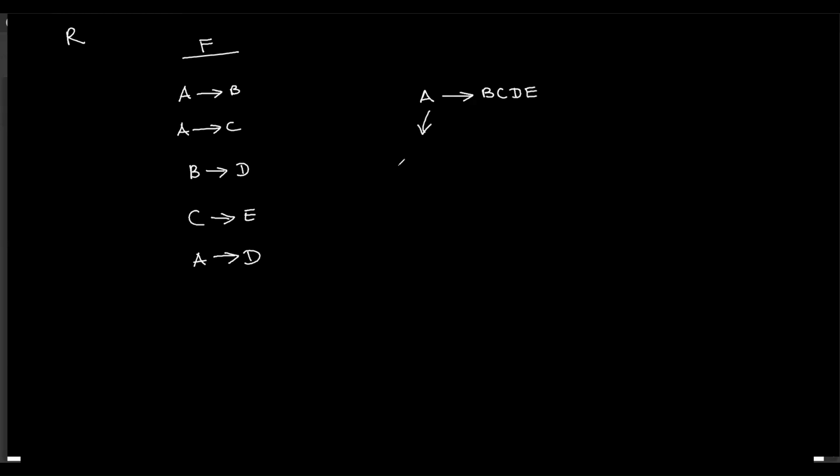That the set of attributes A can be used as a primary key. That's the idea behind this.